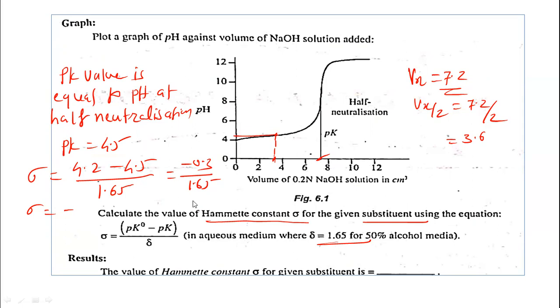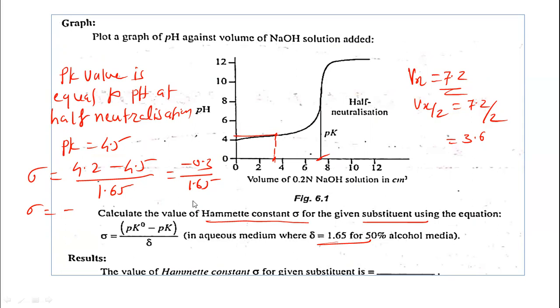To perform this experiment, we require a pH meter and a combined glass electrode, and we require the various substituted benzoic acids: para-aminobenzoic acid, para-nitrobenzoic acid, meta-nitrobenzoic acid, and meta-aminobenzoic acid.